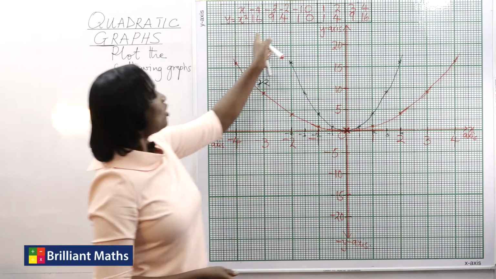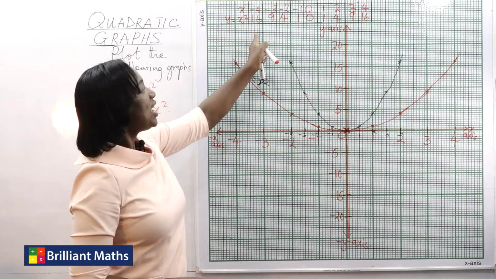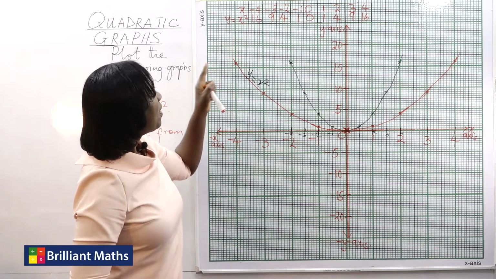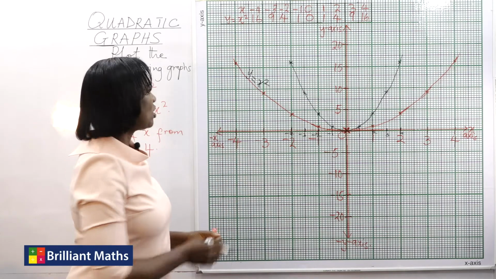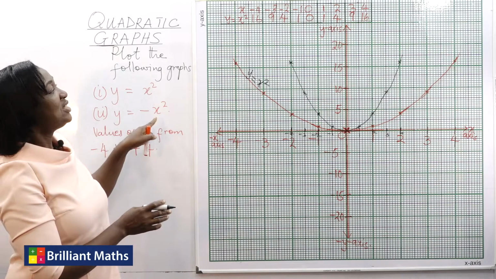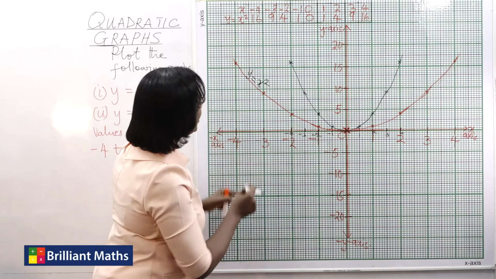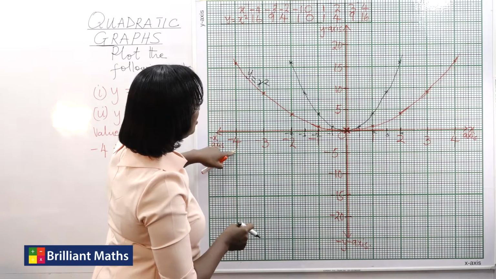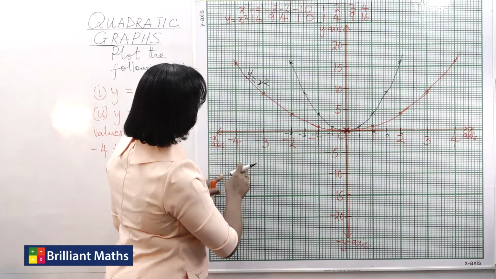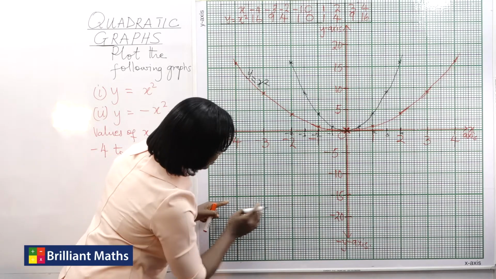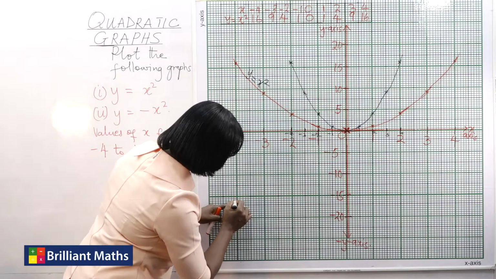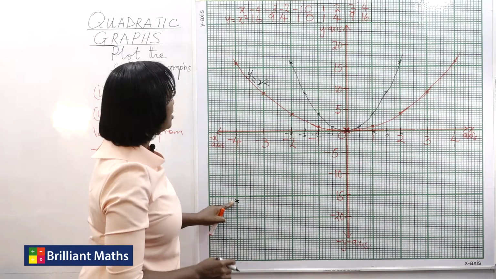The values are going to be the same integers, but with a negative sign. So when x is minus 4, y will be minus 16, because y is equal to minus x squared. Whatever x squared is, negate it. So x minus 4, I'd like to plot the wide one. x minus 4, y minus 16. So if that is minus 15, minus 16 will be just 2 intervals beneath.